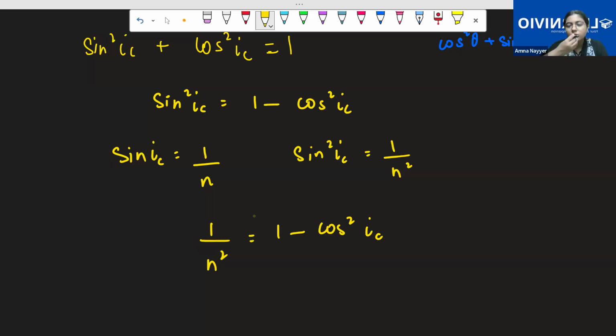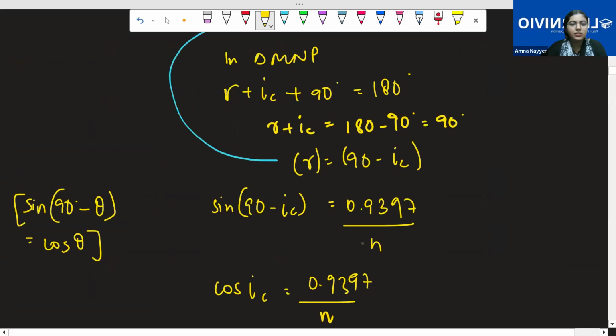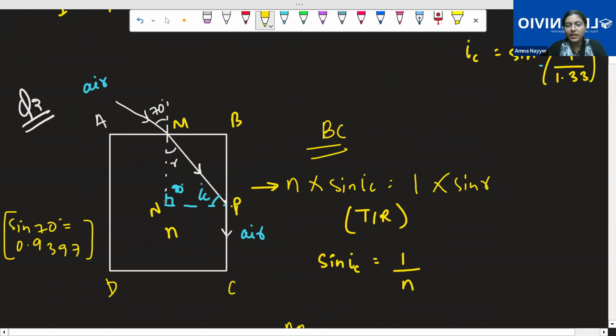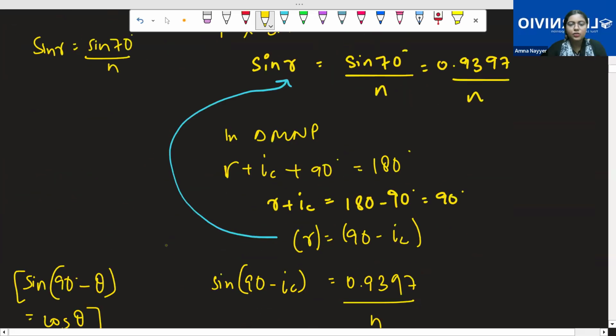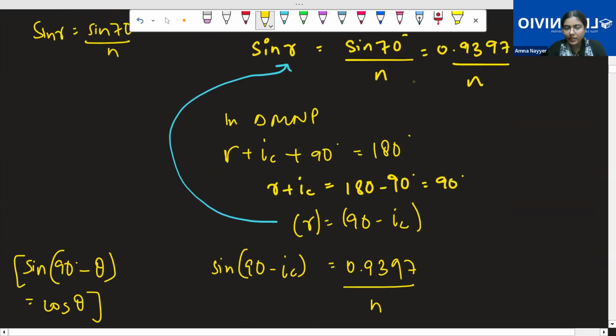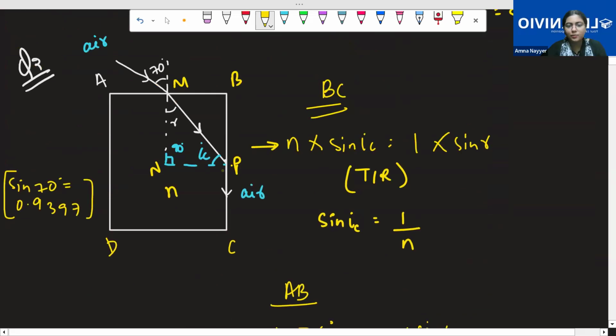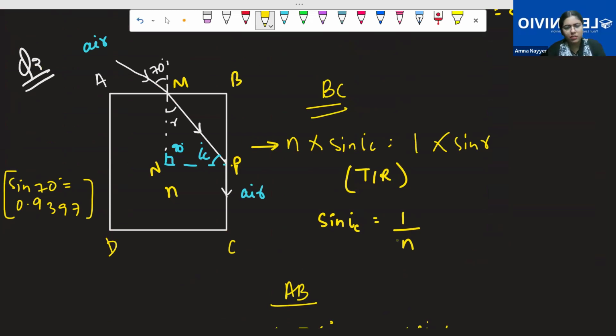See, we have to calculate this critical angle. N is our refractive index. What did we do? At this point P, we calculated the value of sine IC. We just kept it aside because it wasn't used at that time. Here we just applied the TIR and Snell's law.